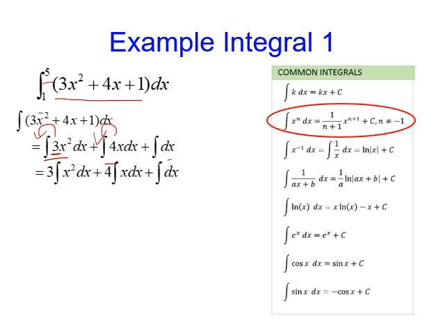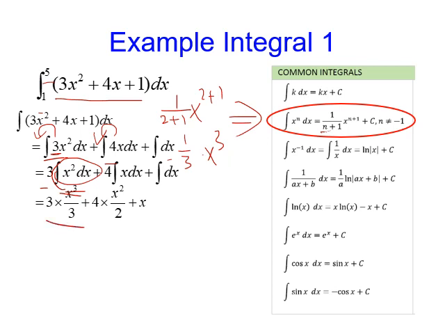So here we have 3 times the integration of x squared. For x squared, we look at the common integral, which is 1 over n plus 1 times x to the n plus 1. N is 2, so this equals 1 over 2 plus 1, x to the 2 plus 1. So that is 1 over 3 times x to the third power.